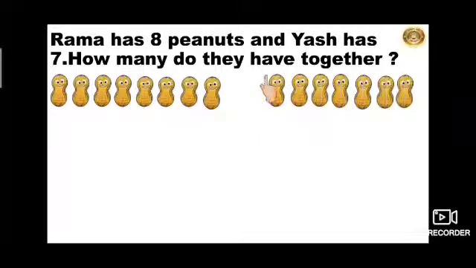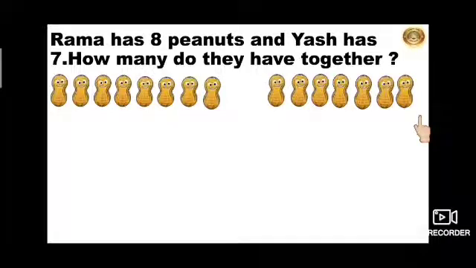And the next part is Yash has 7. 1, 2, 3, 4, 5, 6, 7. These all are what Rama has and these all are what Yash has. So, how to find how many altogether?